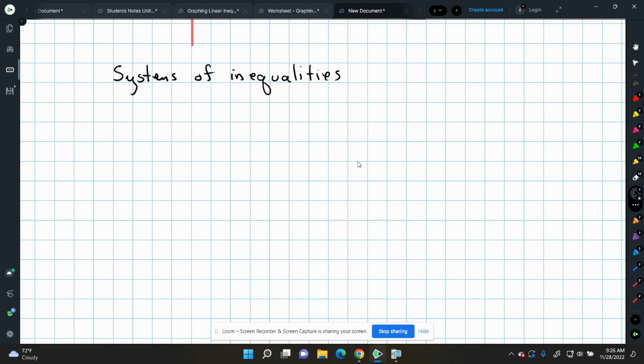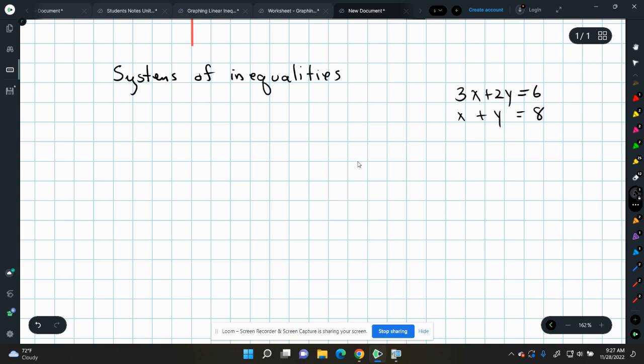A system of equations is when we have two equations. So if I had 3x plus 2y equals 6 and x plus y equals 8, how would I solve that system of equations graphically?